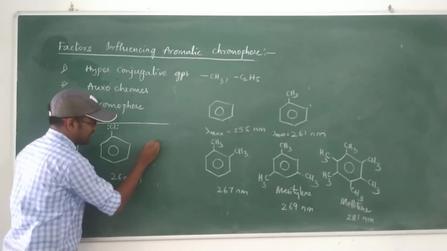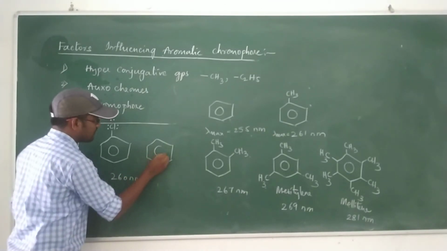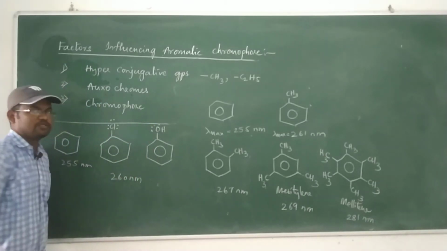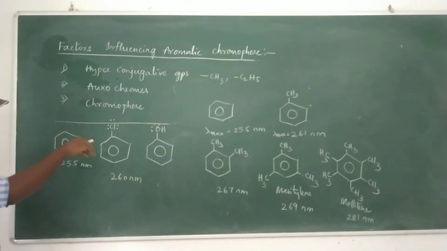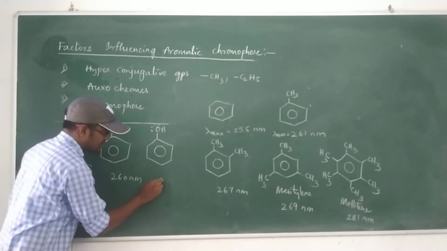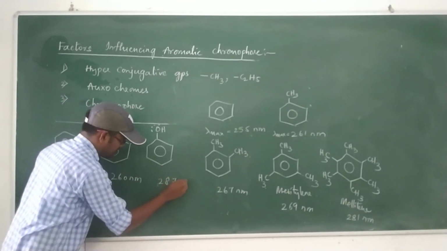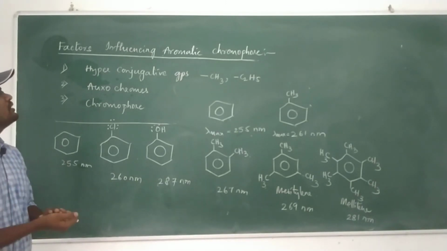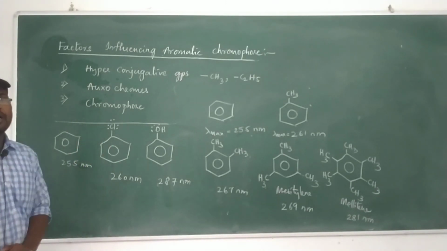And the next one is OH, a phenol. With the OH auxochrome on the aromatic chromophore, the result is 287 nanometers. The presence of an auxochrome enhances the lambda max value of the aromatic chromophore.